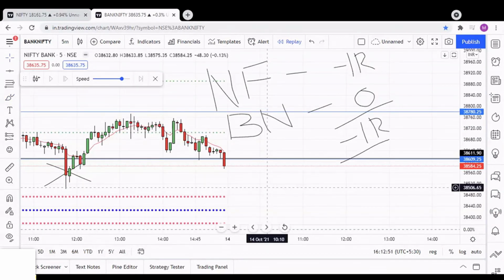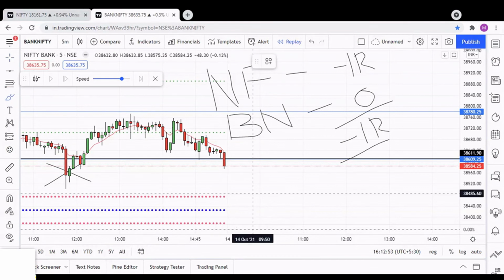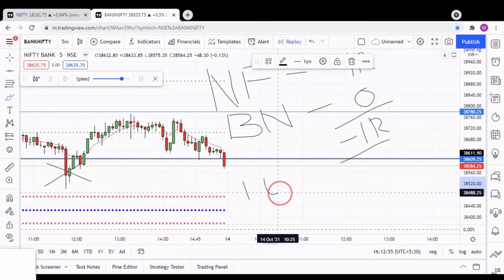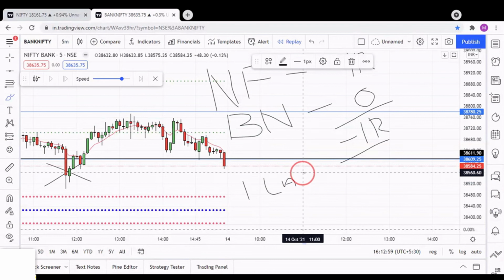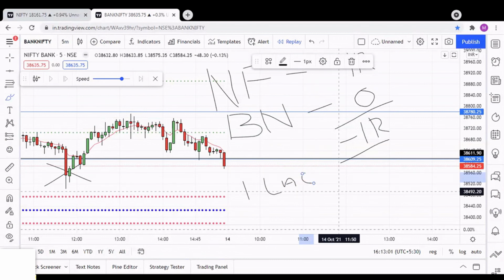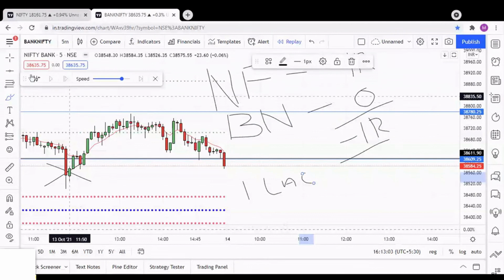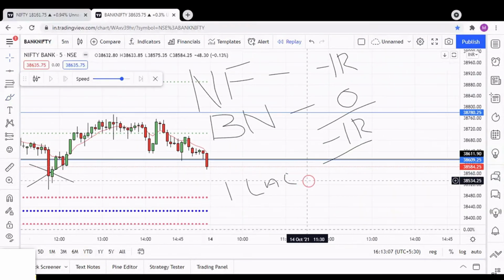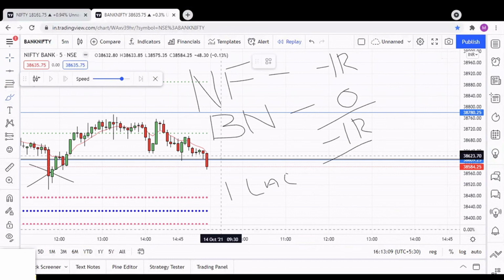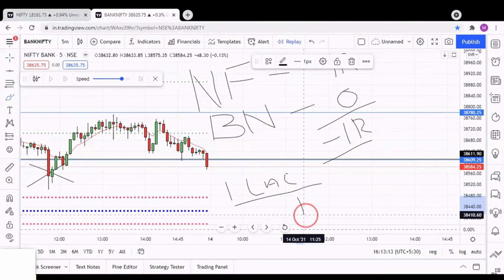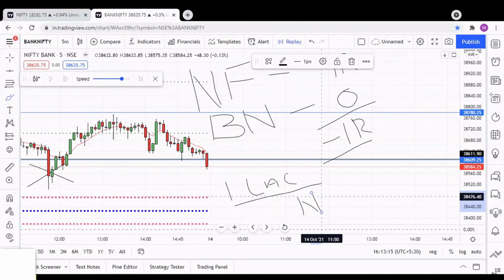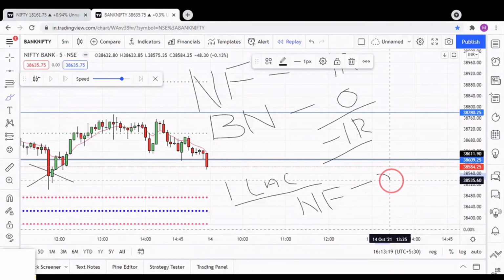So as per my strategy, if your investment is 1 lakh rupees, in Nifty, you can go for 2 lots.